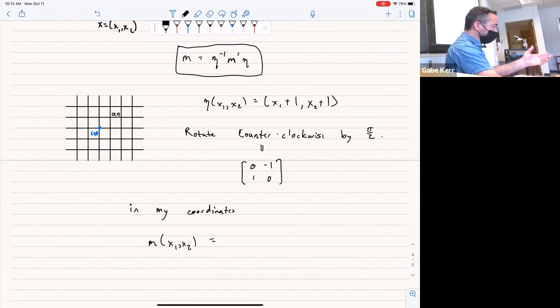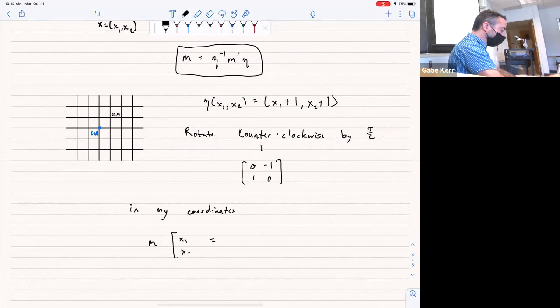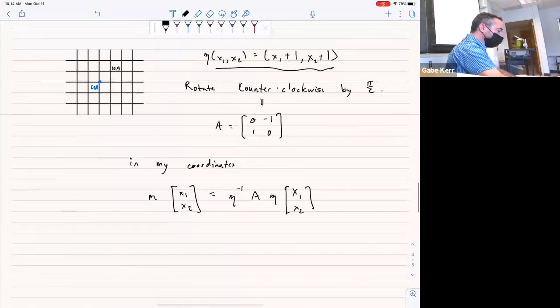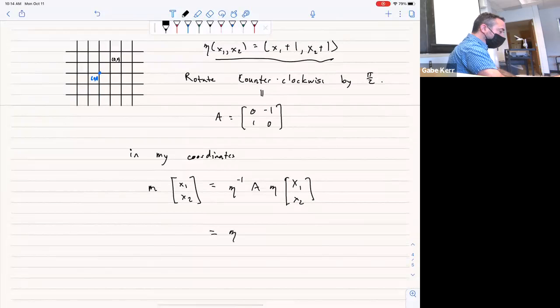Since I've got a matrix multiplication, I'm going to write this as x1, x2 as a column vector. And so then make that into a column vector equation. This is eta inverse of a eta, x1, x2. It's eta inverse of this guy.